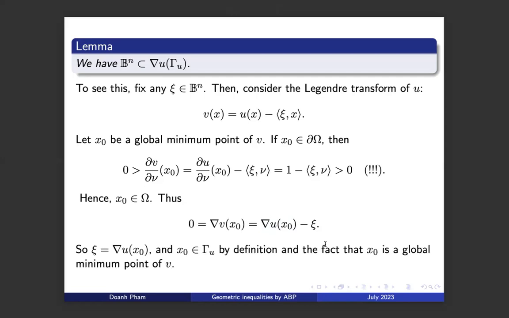By the definition of the lower contact set, X0 is in gamma U. This finishes the proof of the lemma.